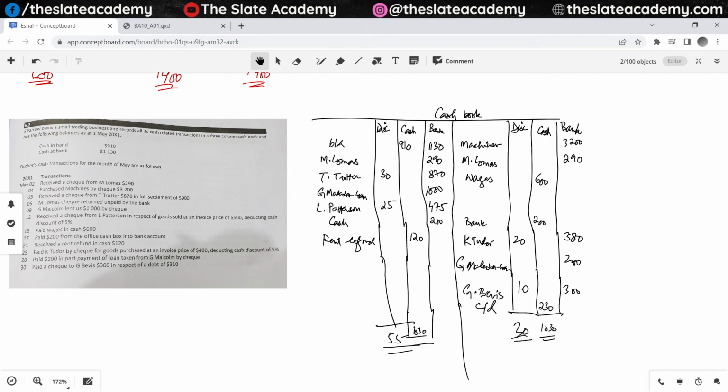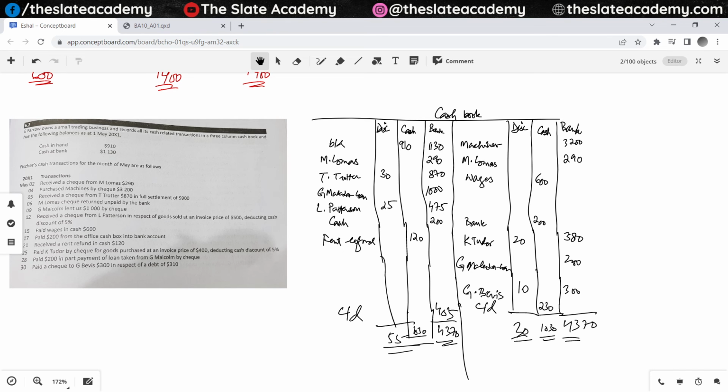Are you getting the same sum for debit side? 3965. 200 plus 290 plus 380 plus 200 plus 300. Again the credit side figure. How much is the credit side? 4370. We'll write here also 4370. The carried down for bank would be 4370 minus 3965. 405.